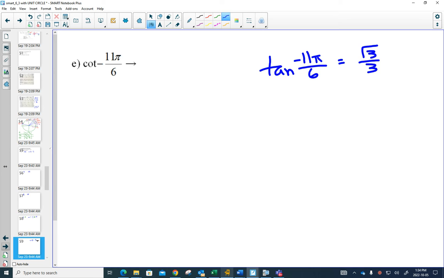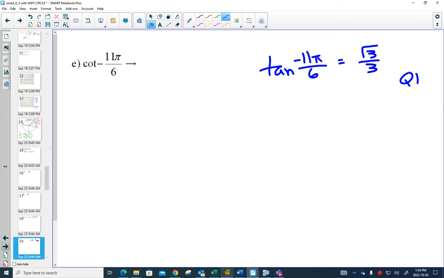Now, what quadrant is this? Negative 11 pi over 6 is going in the negative direction. It's in quadrant 1, so tangent should stay negative. It'd be quadrant 4 if it was positive 11 pi over 6. And that is actually a brilliant strategy for figuring out what quadrant it's in.